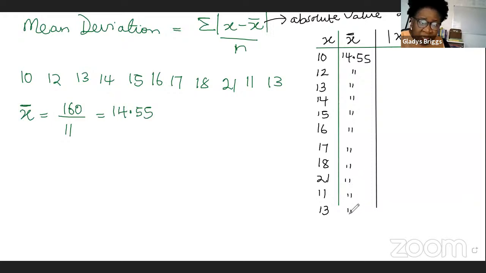Now in your calculator, you just do X minus X bar, 10 minus 14.55, and you put your answer down. I'll do the first one for you, okay? It's supposed to be negative 4.5, but you're going to write down 4.5 because we're taking the absolute value, okay? So off you go, guys. Fill up this part for me quickly.